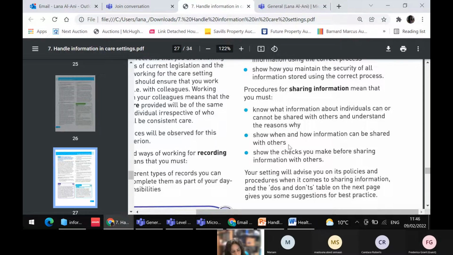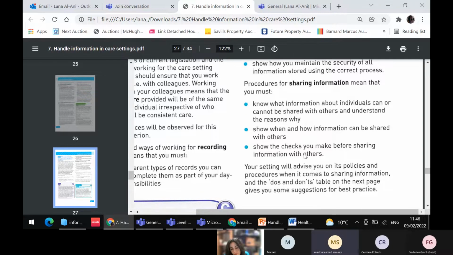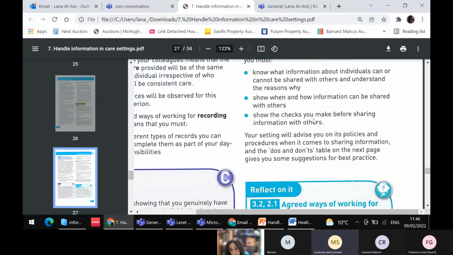If I don't have any consent, then I might have to go back to my manager and ask for advice, because it's not down to me to share others' information without consent. You always need to check why they need the information and what information they need. And with all this, I follow the policy and procedure of my workplace before I share any documents or information about the people.